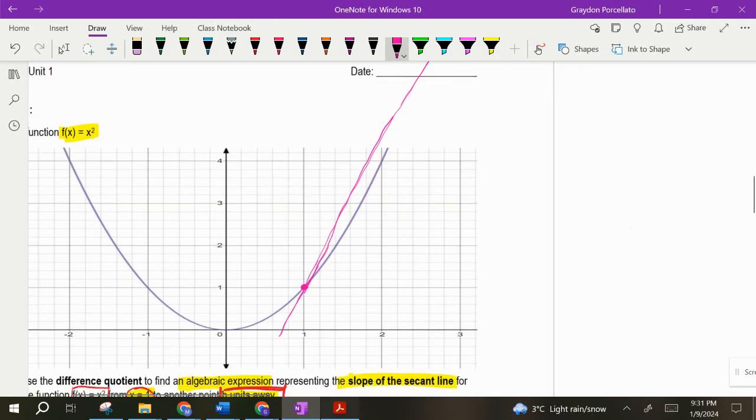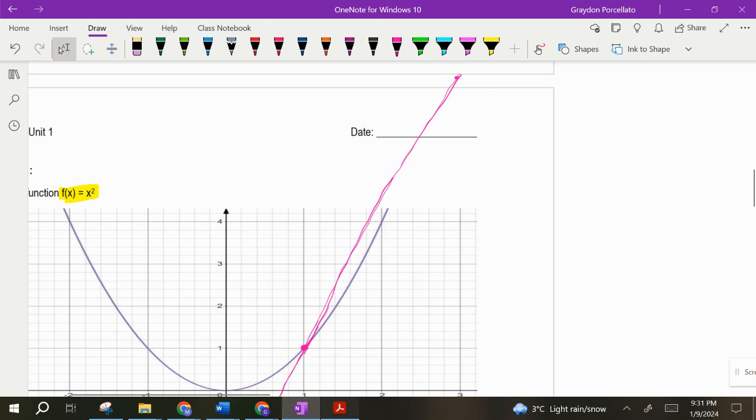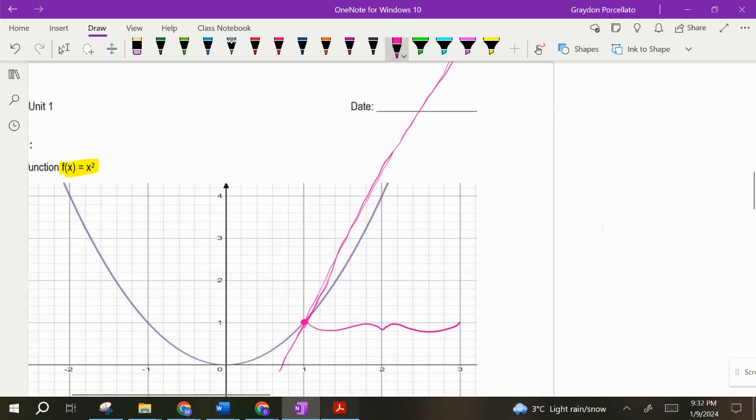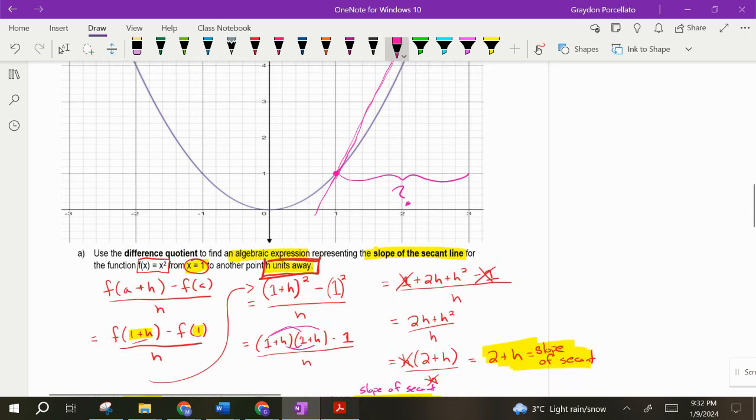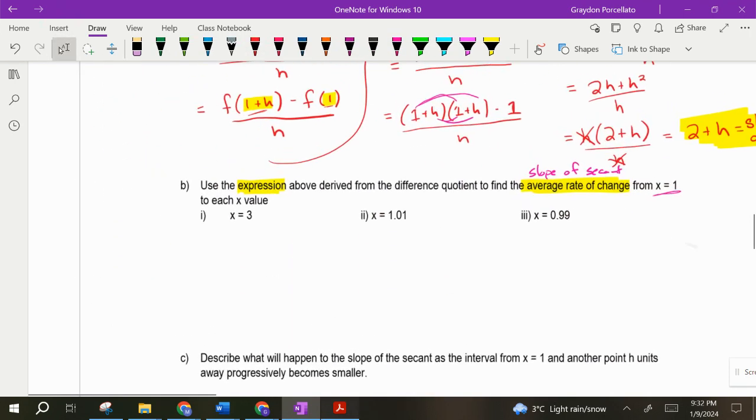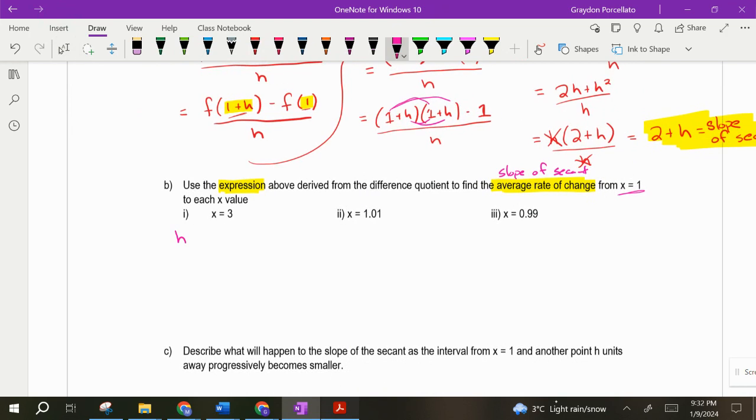Well, the first thing we need to know is how far away is 3 from 1? What is this number here? That's going to be our h value. So h is just going to be 3 minus 1, the distance between these numbers, which is equal to 2.